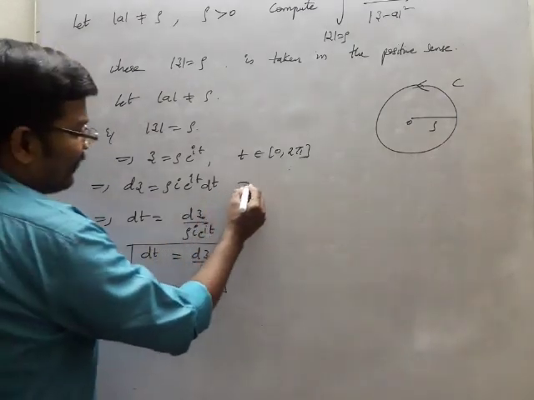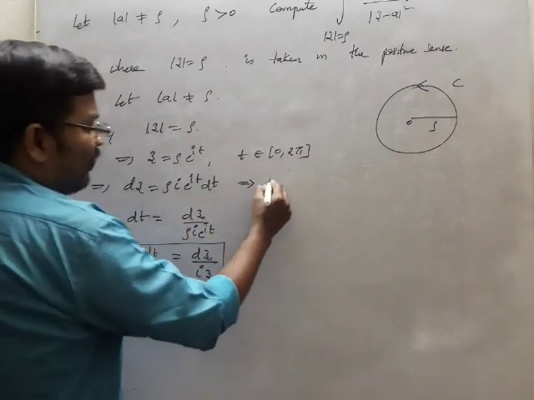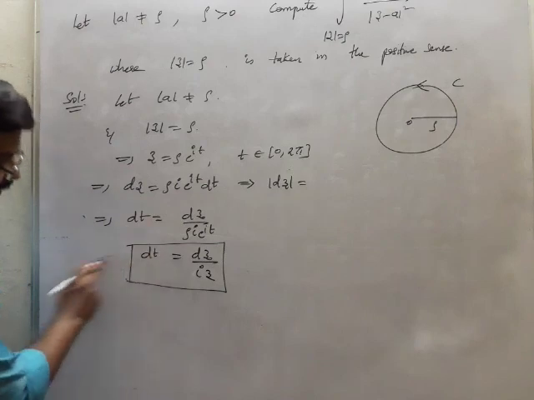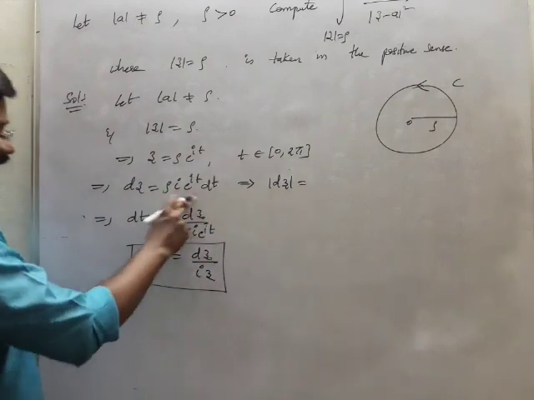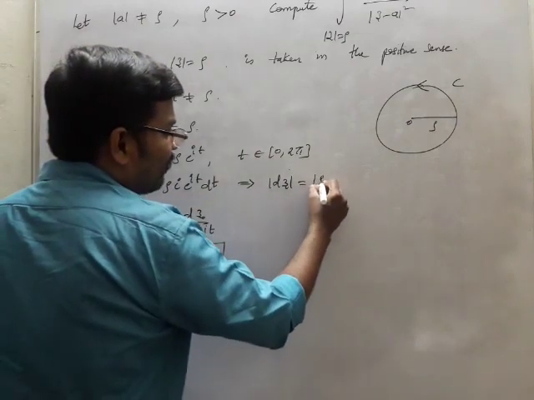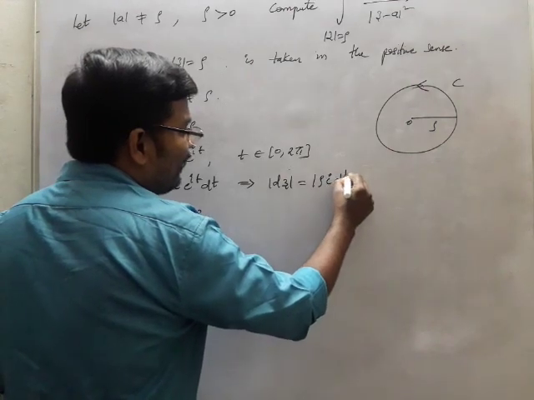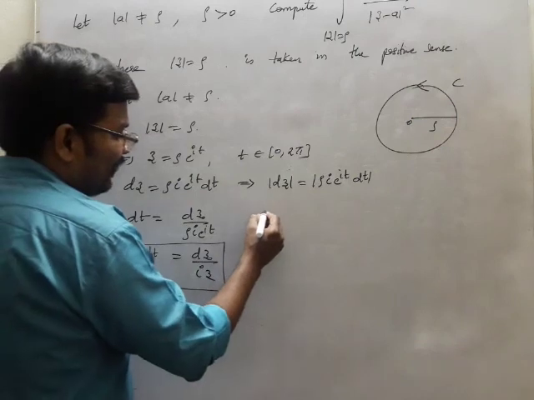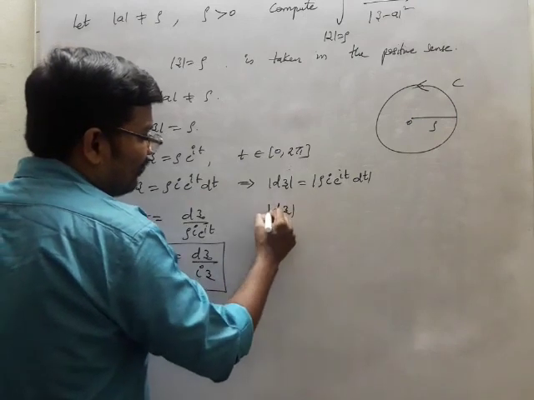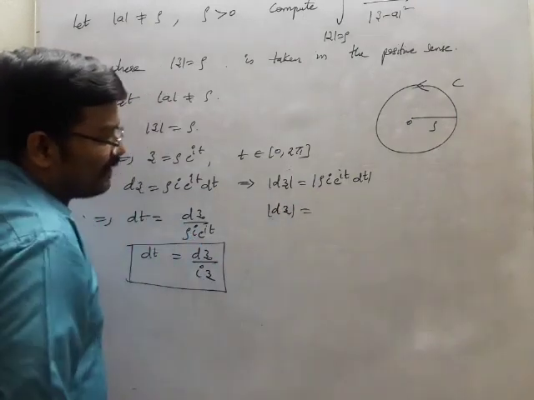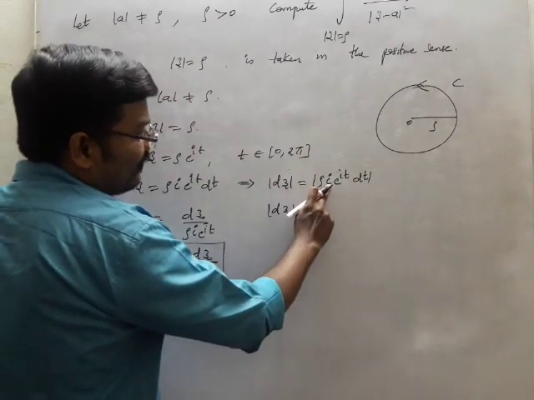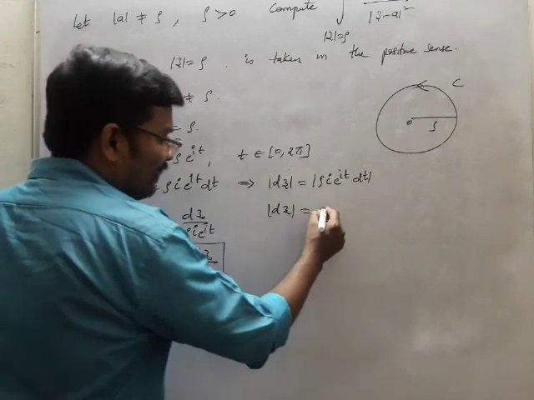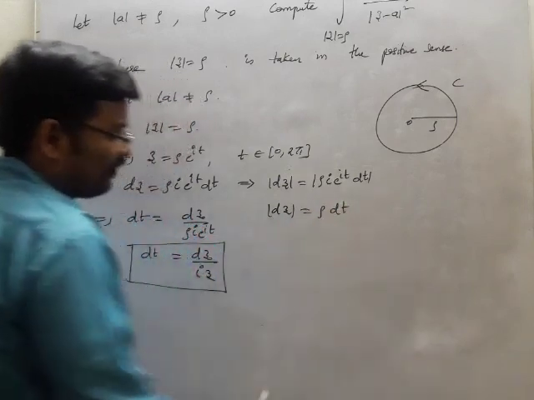From here I wanted to find out mod dz. So that is nothing but mod of rho I e power I theta d theta. Mod I is 1, mod e power I theta is again 1. So we will get rho d theta.